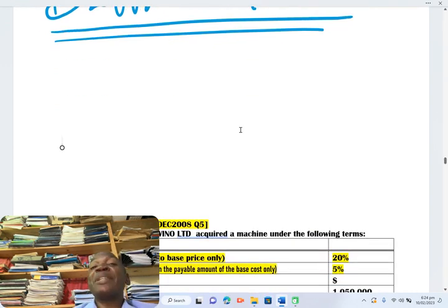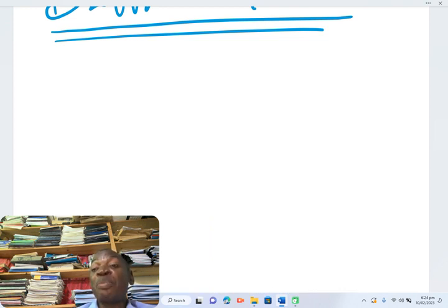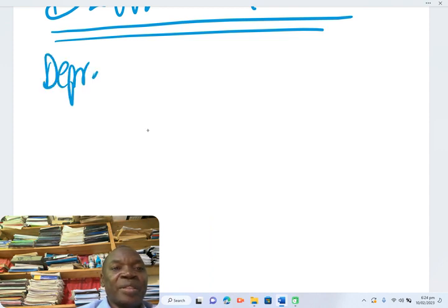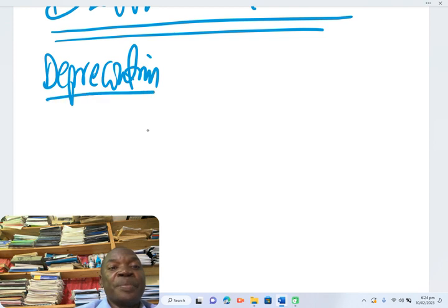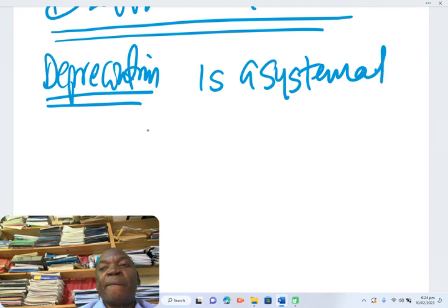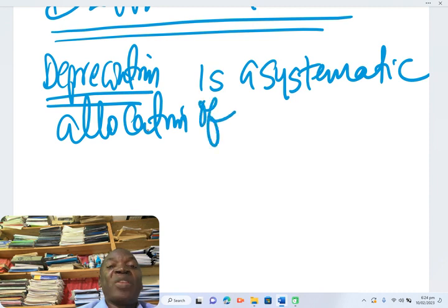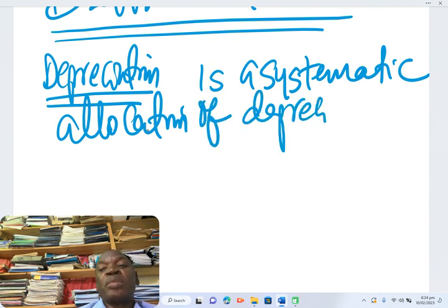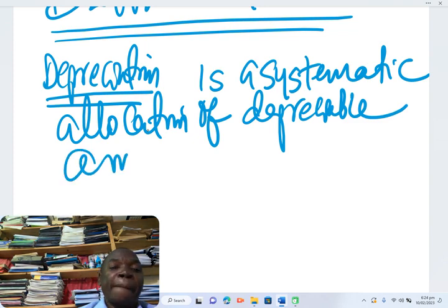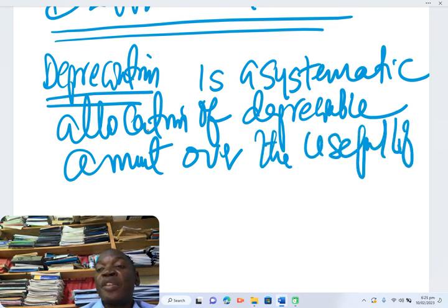Wanasema what is a depreciation so far? So depreciation is a systematic allocation of depreciable amount over the useful life.